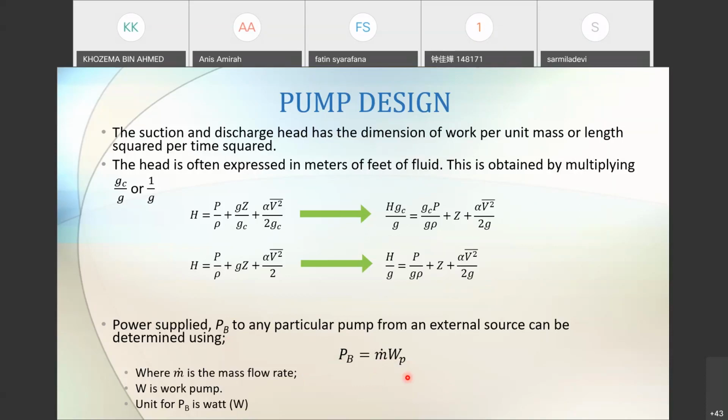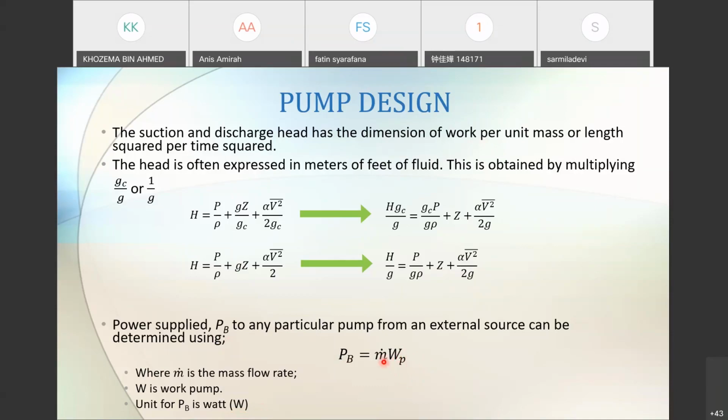WP is the work done by the pump, and the unit for PB will be watt. Watt is also equal to joule per second. So you know that WP has a unit of work per mass, so work per mass is going to be joule per kg.